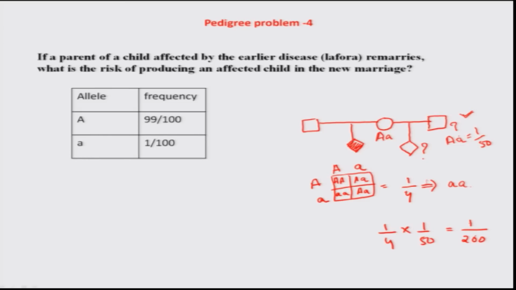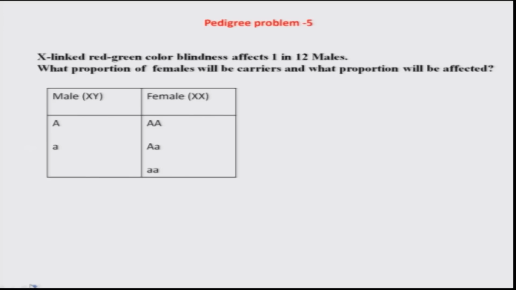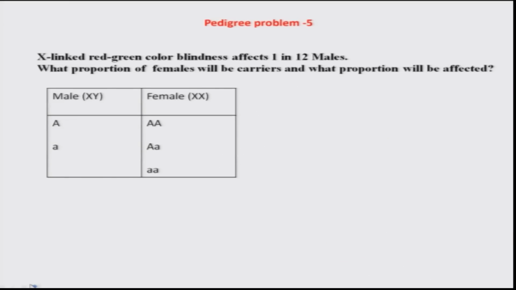Now, let us look into problem 5. What we learned with Hardy-Weinberg equilibrium, there we assumed that every gene has two alleles, A and a, but there are some cases, like if we consider male, for X they are hemizygous, and on the other hand females have two X chromosomes.